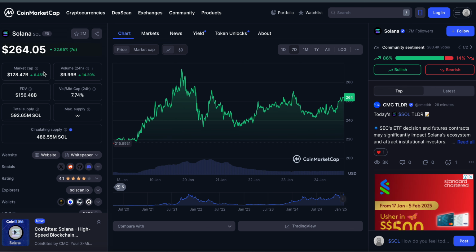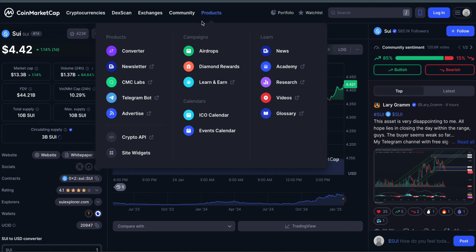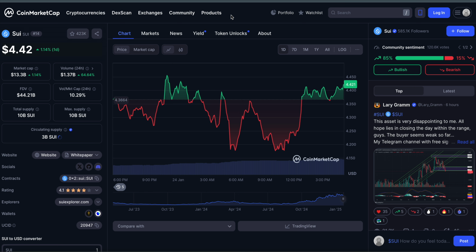So that could 10x. This is more or less your wild card pickup in the whole list. It's the number 14 crypto. So you can see all of our 5 picks for the coins are all in the top 15 thereabouts. But SUI is definitely one that could have the most potential gains for you.